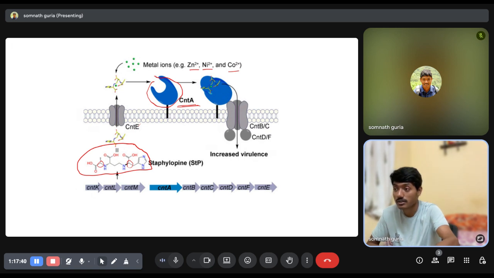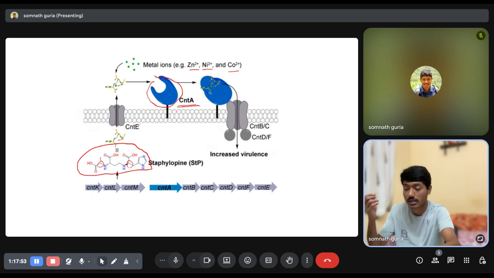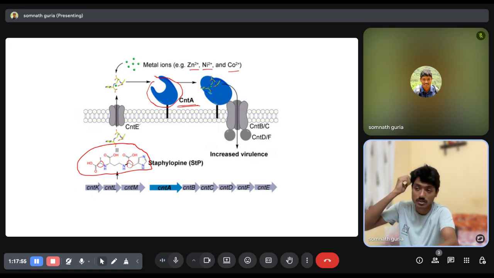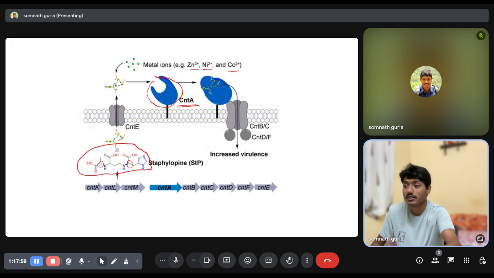With that competition, other bacterial cells cannot do that. If you release this cephalopin with another isomer into the outside environment, there is a chance of this metal complex being taken up by another bacterial cell, but it is supposed to be recognized by this receptor holder.